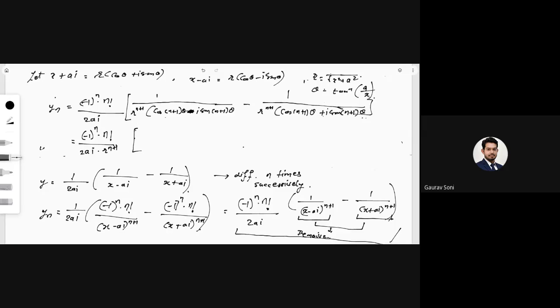You do the cross multiplication, cos of n plus 1 theta plus i sine n plus 1 theta minus cos of n plus 1 theta plus i sine n plus 1 theta divided by 1. Can anyone tell me how it is 1?